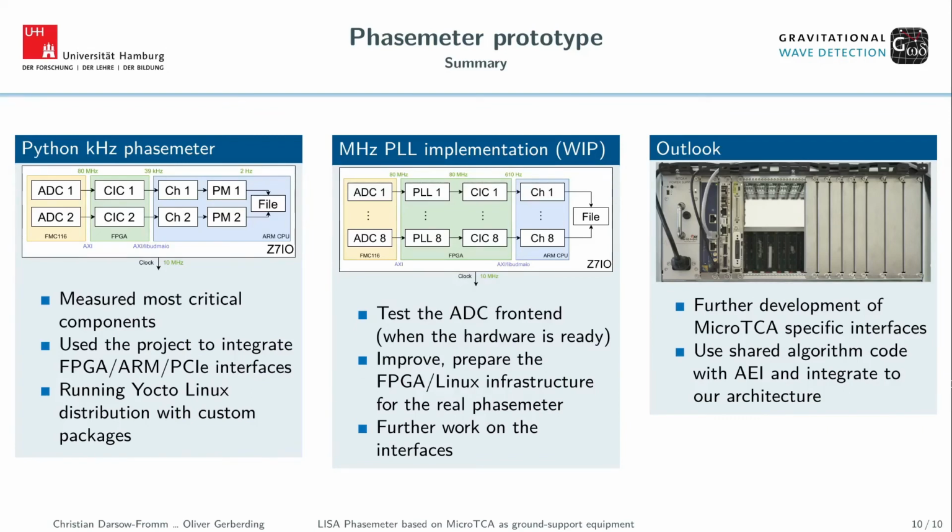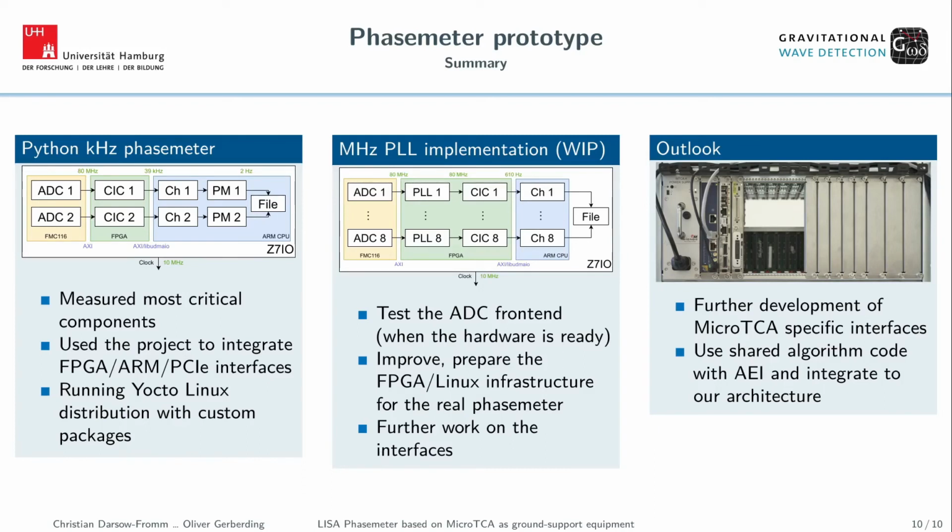So let's sum up. We have our Python kilohertz Phasemeter, which runs as a prototype, and we measured most of our critical components. While developing that, we built up all the interfaces between FPGA, ARM, PCI Express.